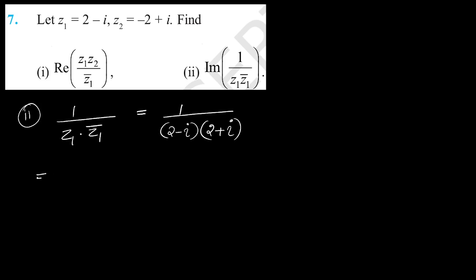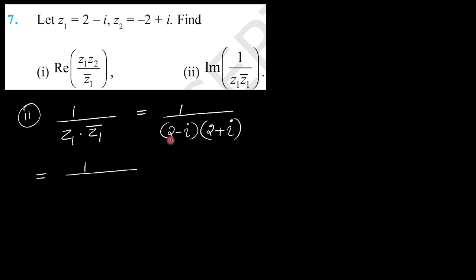Yes. So 1 by, either you can open the bracket, or currently it is of the form a plus b into a minus b. A plus b into a minus b is a square minus b square.